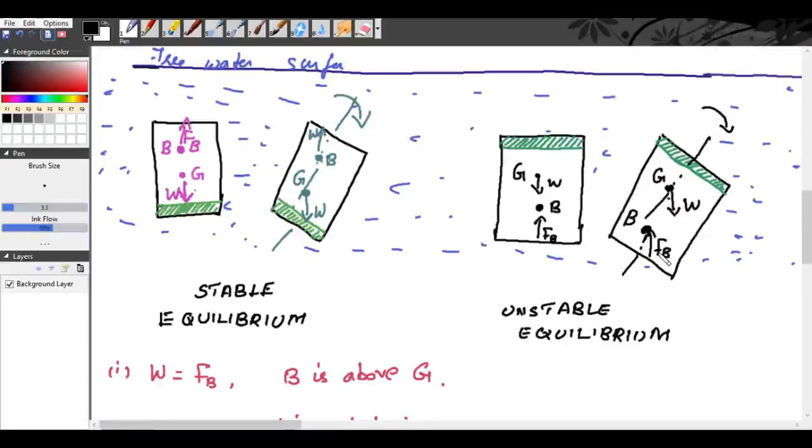upwards. Now what happens is the weight, that is the downward force, will be equal to the upward force. The weight of the body will be equal to the buoyant force. But the center of buoyancy will lie below the center of gravity. So the body is in unstable equilibrium. The reason is this buoyant force also will act in the clockwise direction.